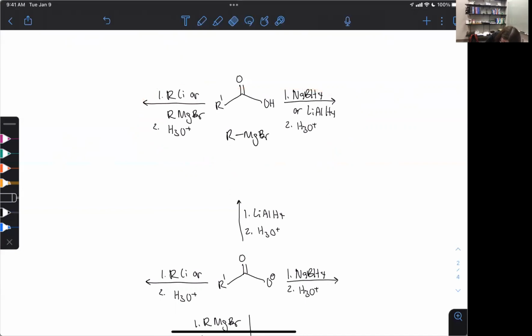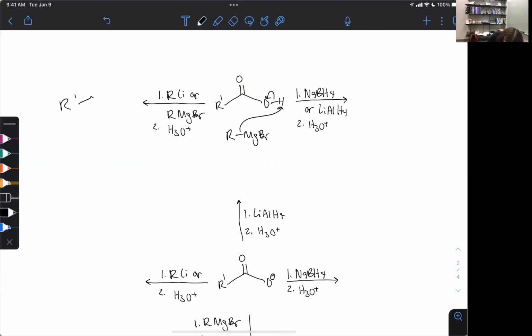Okay, so the only reaction that they do with a carboxylic acid group particularly is an acid base. So they are going to give you the same thing no matter what nucleophile you're using.